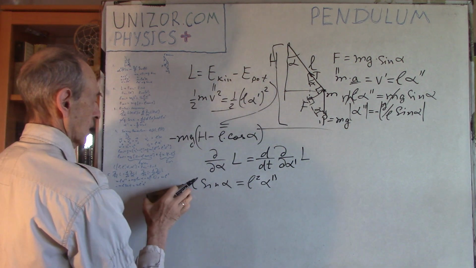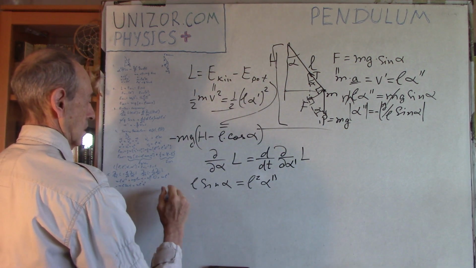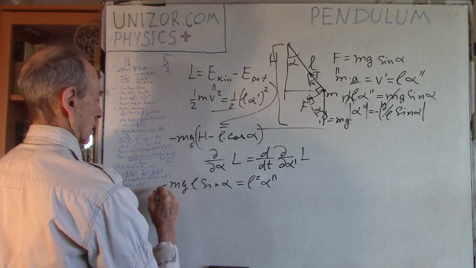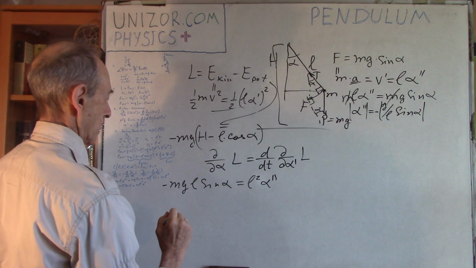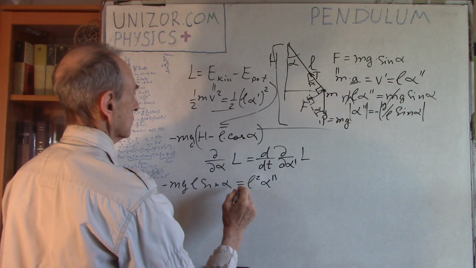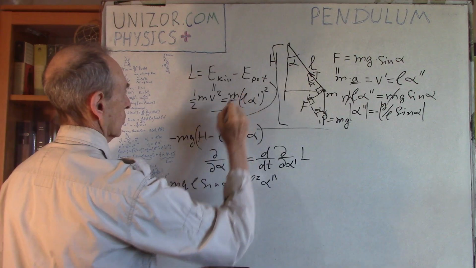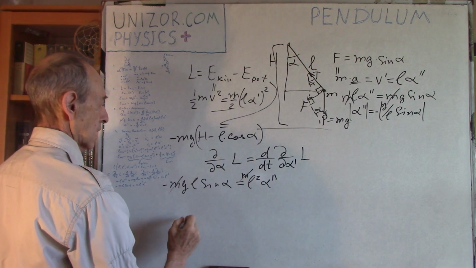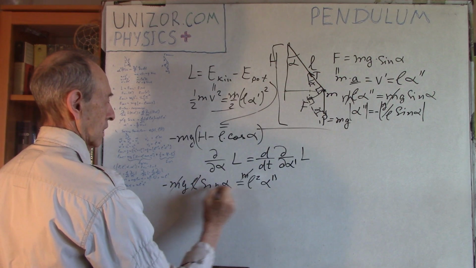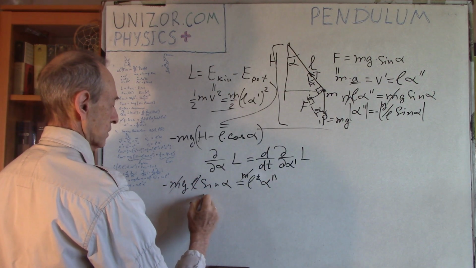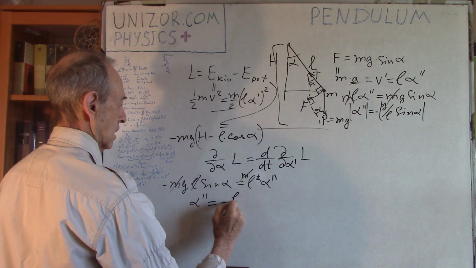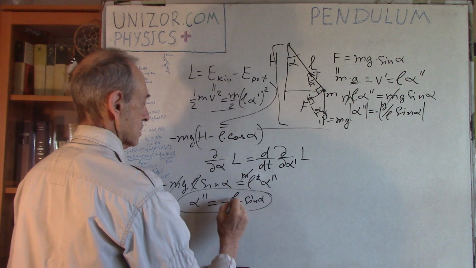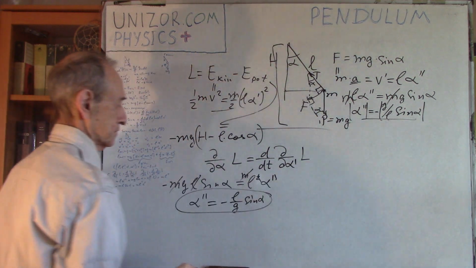And by the way, I forgot to put mg here. Minus, I think. Okay. And mass also here, I forgot. So it's mass here as well. So mass is cancelling out, and L is also cancelling out. Alpha double prime is equal to minus g over L sine alpha, which is the same thing as this one.